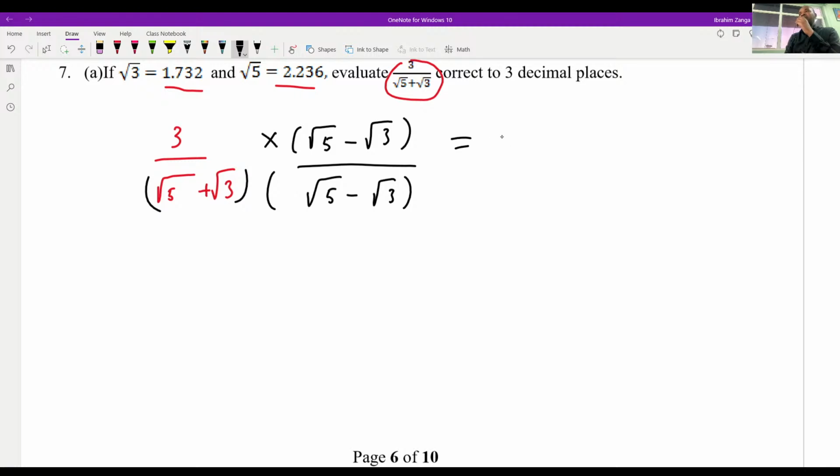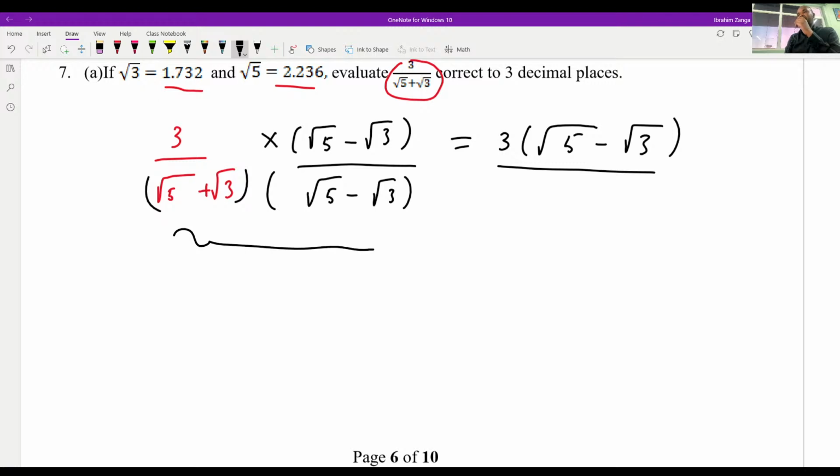When you multiply, we'll be getting actually 3 in the bracket square root of 5 minus square root of 3 divided by, we'll be using actually a difference of 2 squares here. This is similar to having a square minus b square, if this is going to be a and this is going to be b, so that you have square root of 5 squared minus square root of 3 squared.